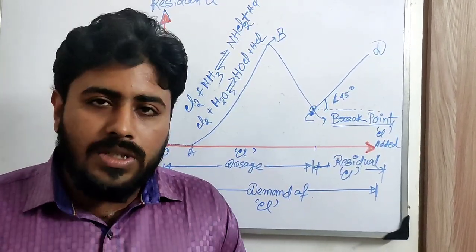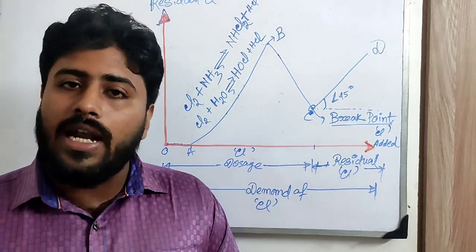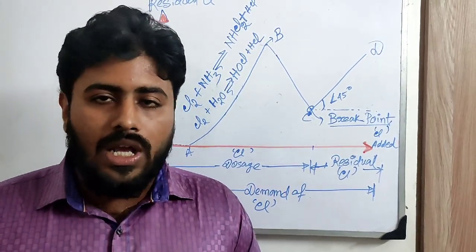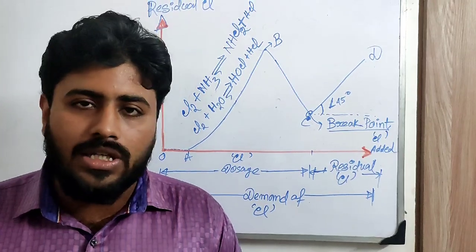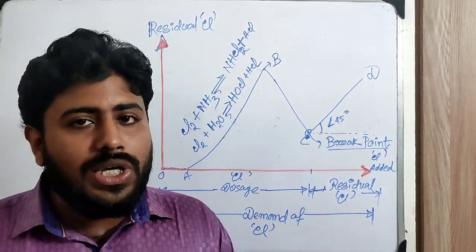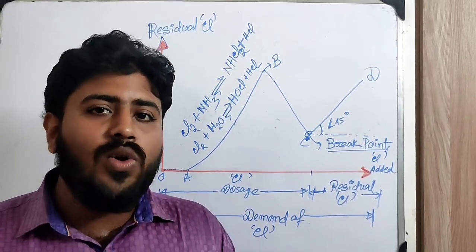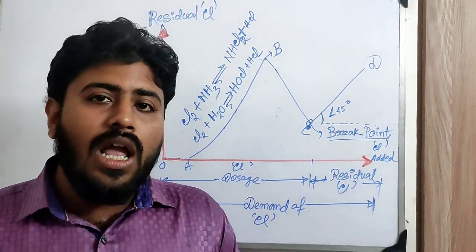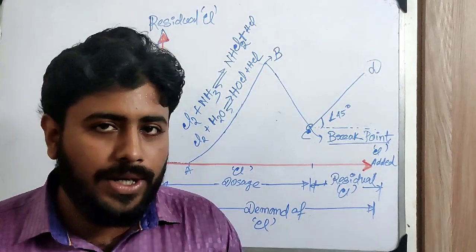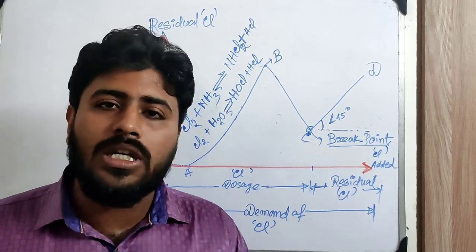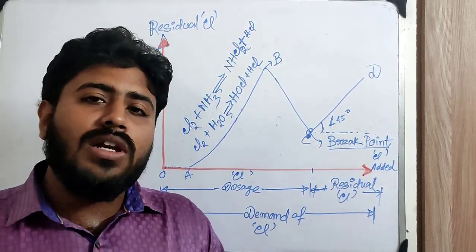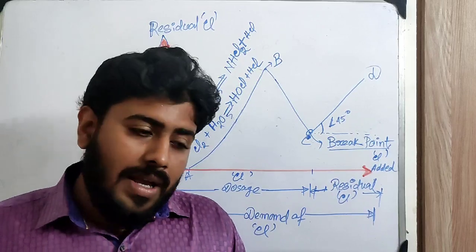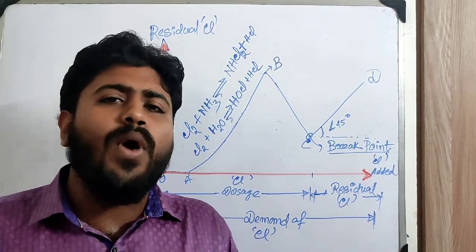There are two terminologies, one is chlorination and another one is sterilization. Now what is the difference between chlorination and sterilization? Chlorination means that we are adding chlorine to the water to kill only the harmful bacteria, that means only the pathogenic bacteria. Sterilization is basically a boiling process.